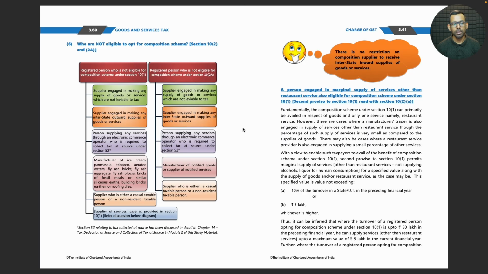Who are not eligible to opt for composition scheme under 10 subsection 2 and 2a?